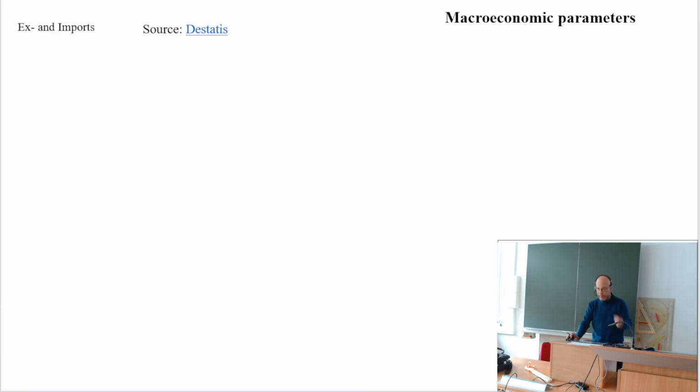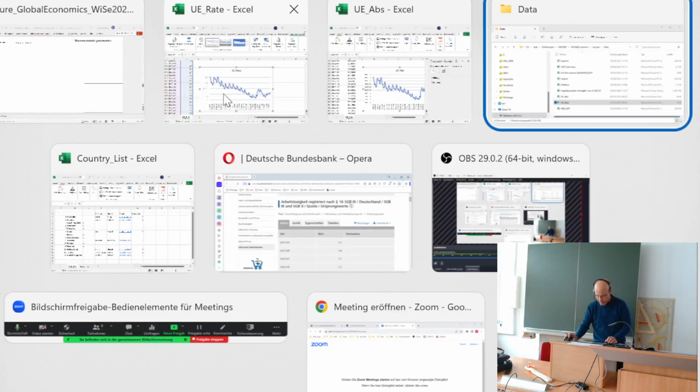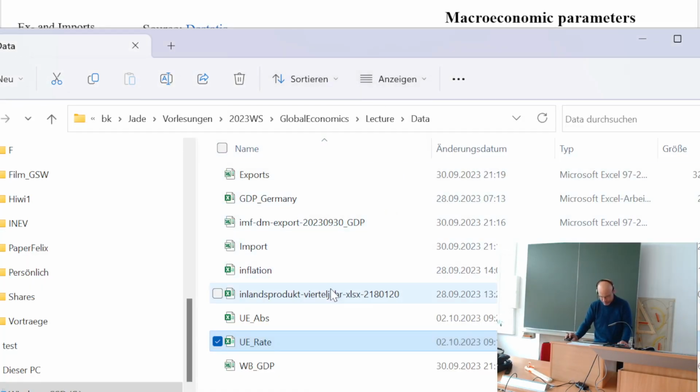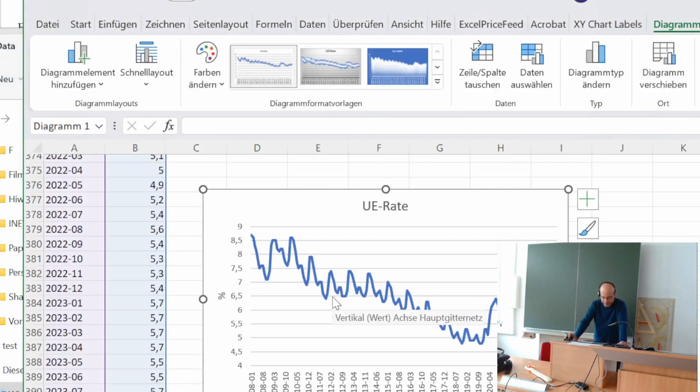So exports and imports, this is from the national account statistics. This we already had downloaded if I remember it right. Yes, this is this one.